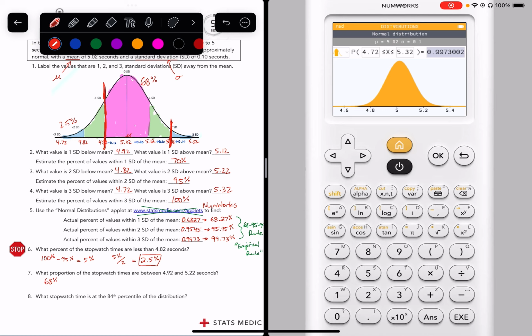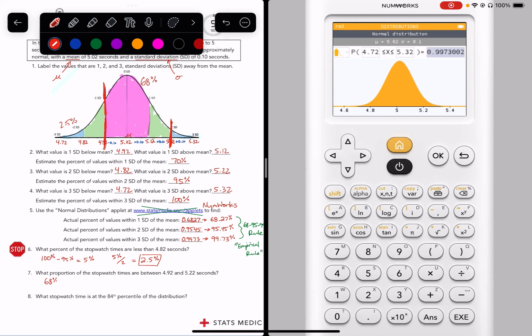Well, the other thing to think about is we know this middle section between the two green parts is 95%. So the pink plus both greens gives us 95%. If I want to find just the green sections, I'm going to take the whole 95% and take out the pink stuff.